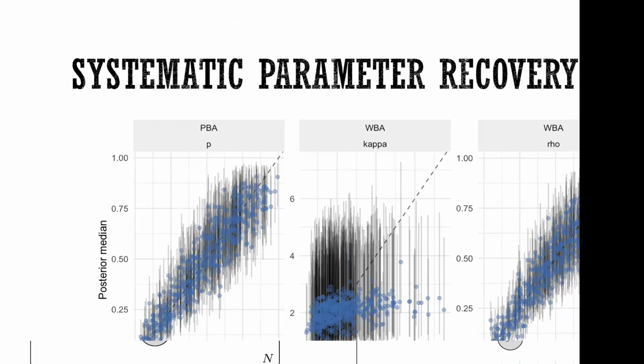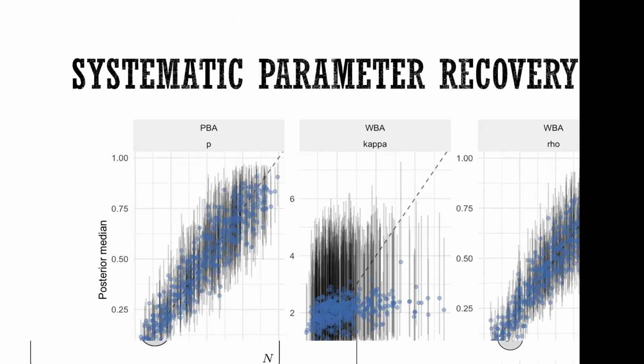We can do the SBC just to be extra sure. And here we see the parameter recovery for the PBA. It's not uniform, right? There are certain regions where it's more uncertain than other regions, but it's pretty much on the diagonal. So the relative position of the weights is preserved.